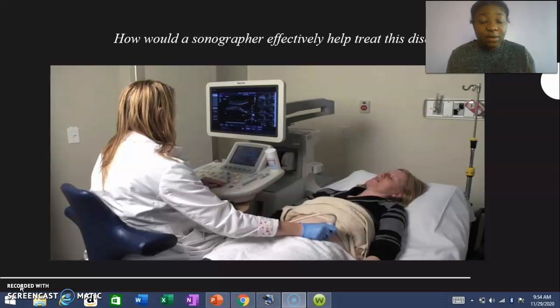So what this appointment will consist of is a patient coming in. They would need to drink at least 32 ounces of fluid before their appointment. This helps the sonographer move the uterus into a better position so they're able to see it. The instrument that will be used is called a vaginal probe, which is inserted within the vagina. It then helps to see structures within the lower pelvis.